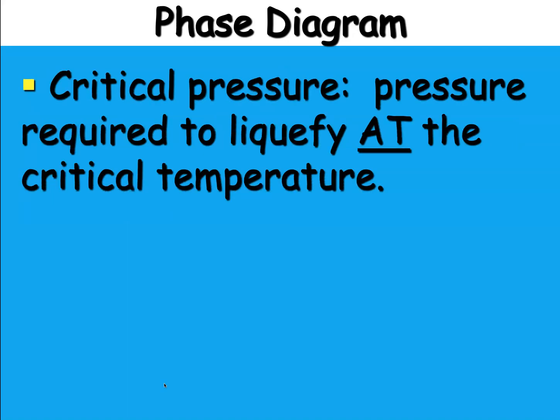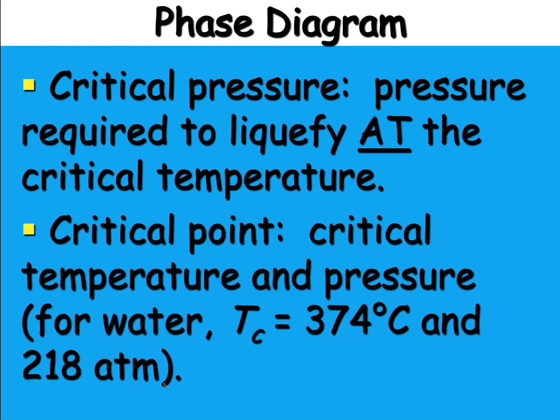The critical pressure is the pressure required to liquefy at the critical temperature. So when you're at the critical temperature, there is a critical pressure. When you're above the critical temperature, there's nothing you can do. The x-axis and y-axis meet at this point, and that tells us the pressure needed to convert it back to a liquid.